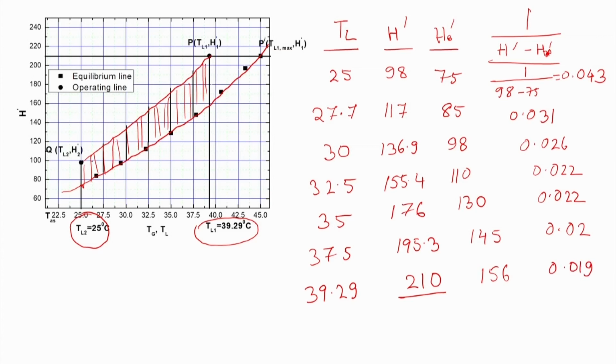So now we are getting the entire area under the curve, this total portion. So we will be getting NTOG and HTOG like this.